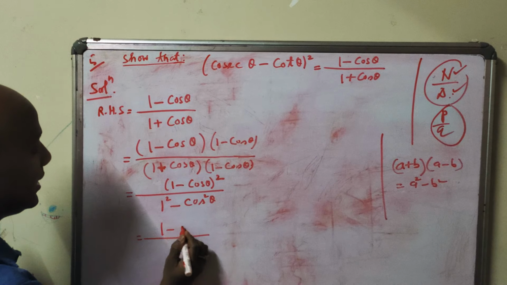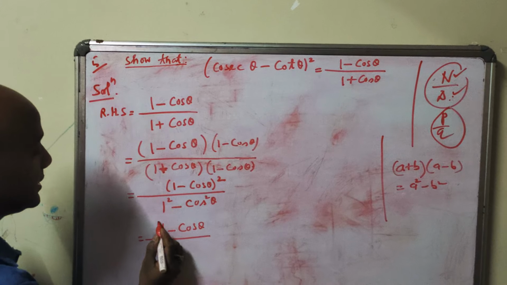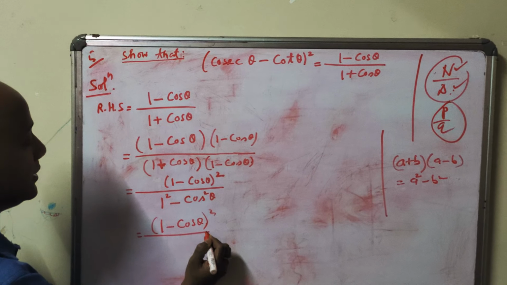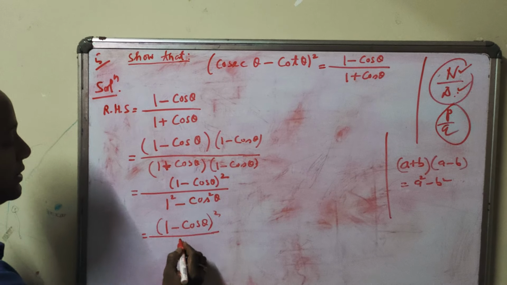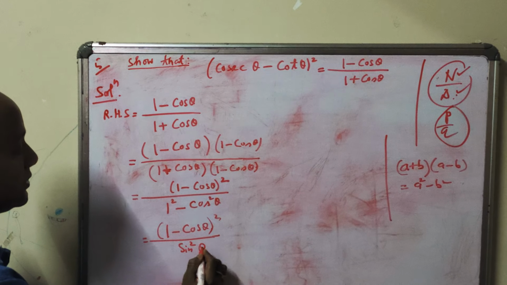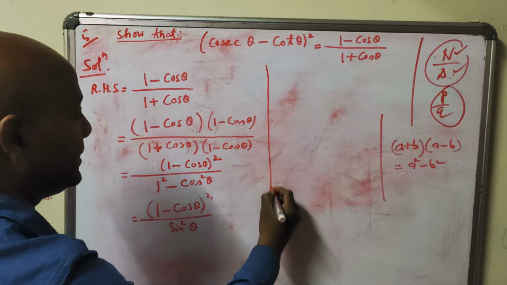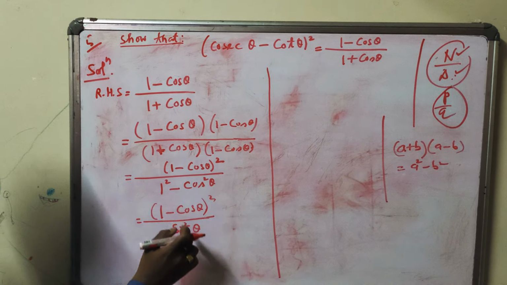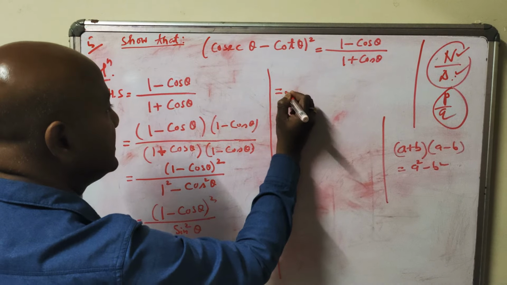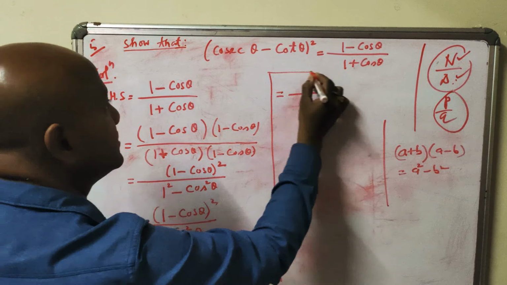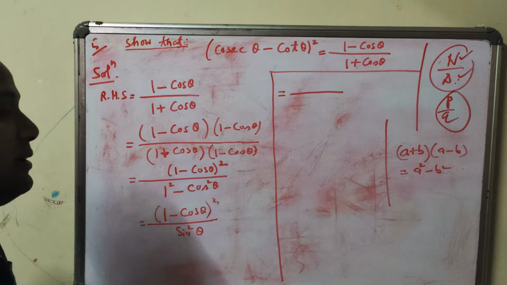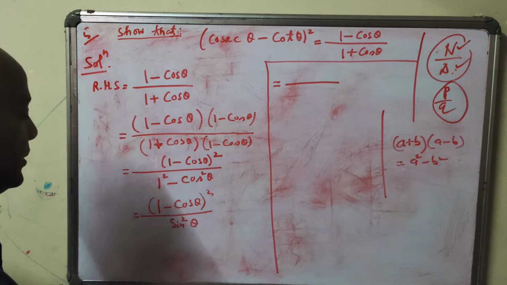Now 1 minus cos square theta means what? Sin square theta. I have already told you in my earlier classes. If you have not yet seen them, please go through all my videos in full length.